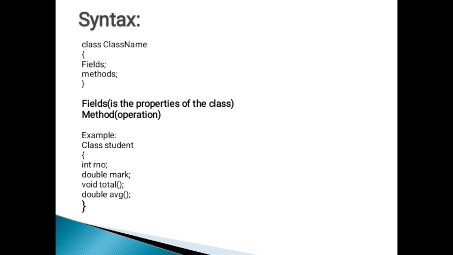Let's consider the class name Student. The first letter must be uppercase, whereas the remaining letters are lowercase. Let us assume that its fields are rno, that means roll number, and mark, and the methods are total and average.